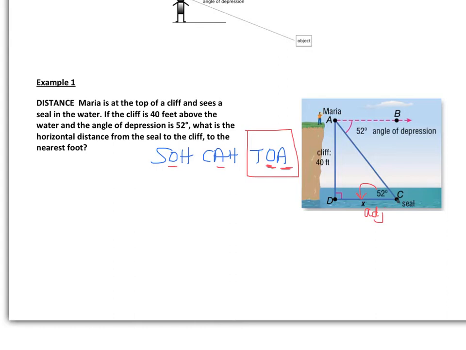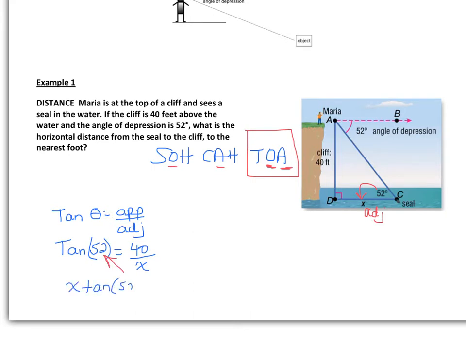Okay, so let's take a look at the tangent of theta equals the opposite over adjacent. In this case, we have the tangent of 52 degrees equals the cliff height over x, which we're trying to solve for. We can cross multiply, and we have x times the tangent of 52 degrees equals 40. To isolate x, I'm going to divide both sides by the tangent of 52 degrees.